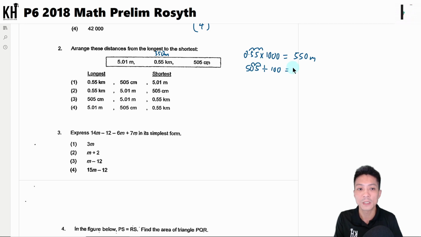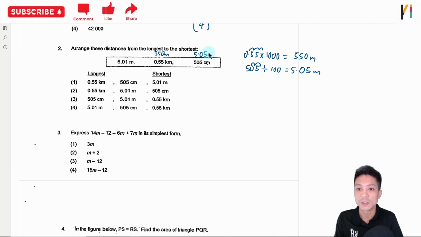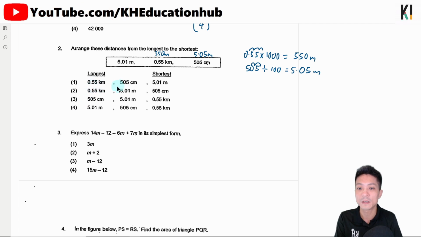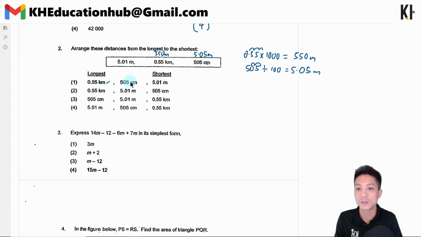Do jumping bean and it will be 5.05 meter. Okay, 5.05 meter. So in this case, the longest one must be the 550 meter, which is 0.55. Okay, and then followed by 5.05, which is the 505 centimeter. So this followed by this, followed by this. Okay, the answer will be number 1.